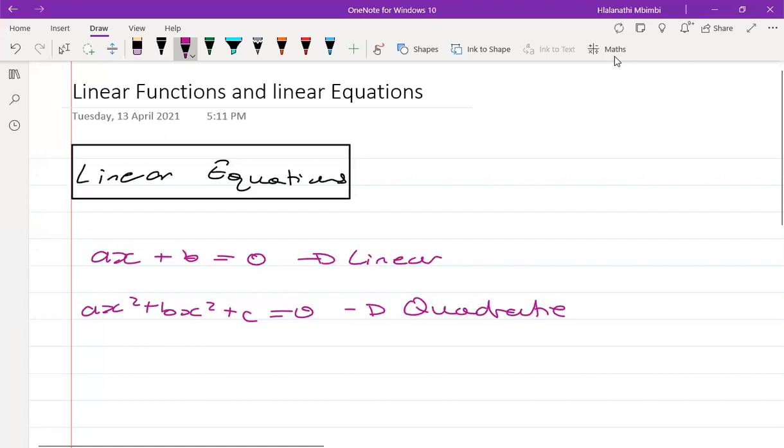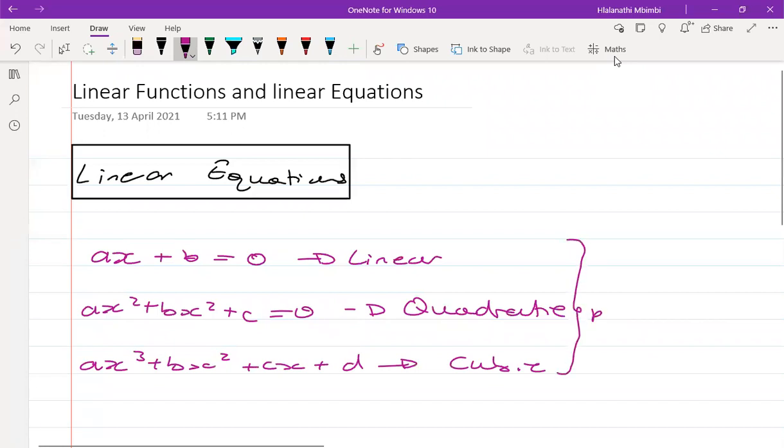And you can have something like ax cubed plus bx squared plus cx plus d. That's a cubic equation. All of those equations that I've listed so far are polynomial equations.